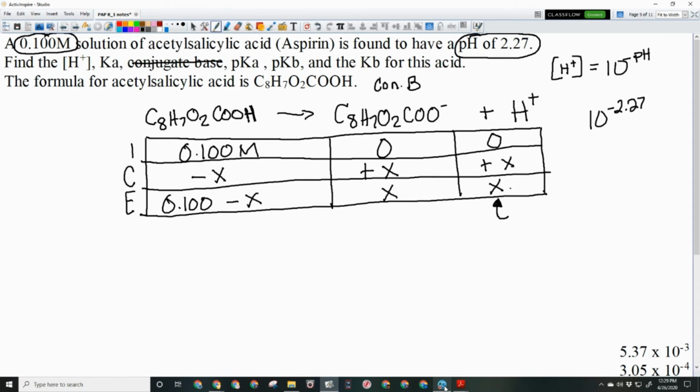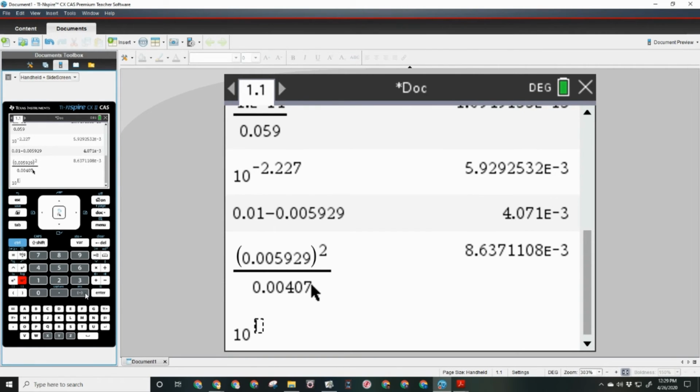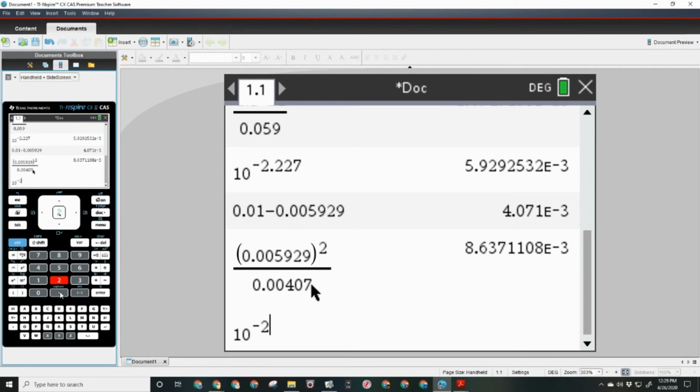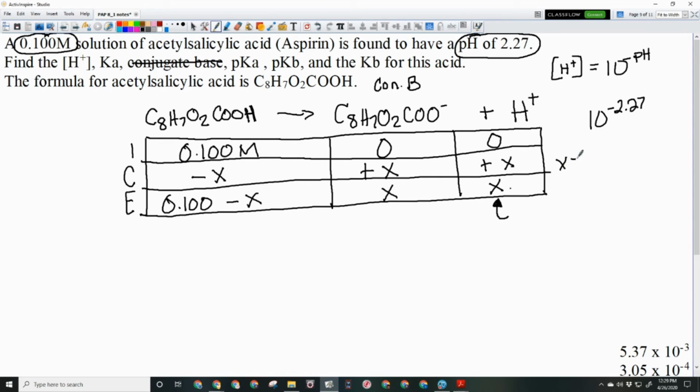So let's do that. 10 to the negative 2.27. I'm going to double check. 2.27. Yeah, 2.27. So that's going to give us 5.37 times 10 to the negative 3. So X is equal to 5.37 times 10 to the negative 3.